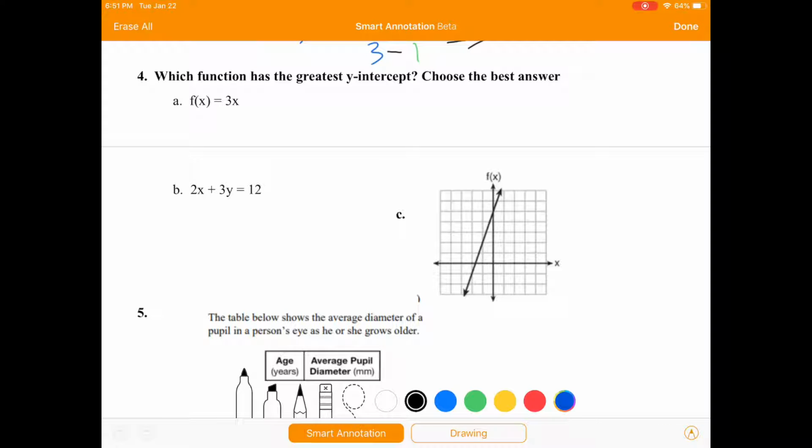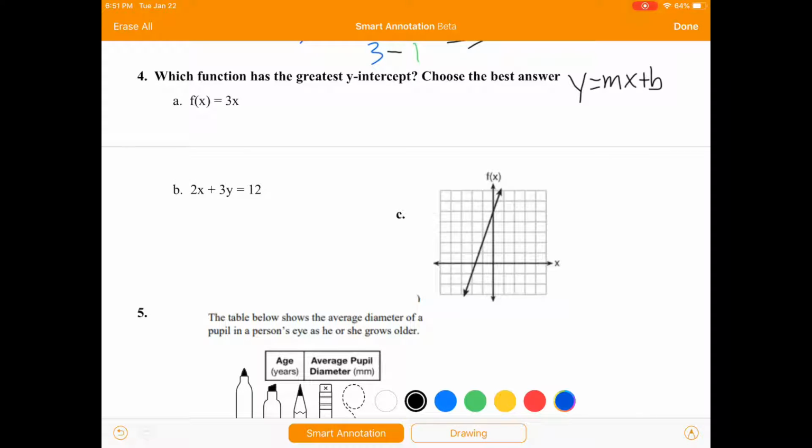Number 4. Again, remember, go back and pause the video or rewind so you can copy down or hear my explanation again. Which function has the greatest y-intercept? Choose the best answer. So here we kind of get into the different versions of our slope-intercept form. So again, we're looking for y equals mx plus b. Well, in A, is there a b?